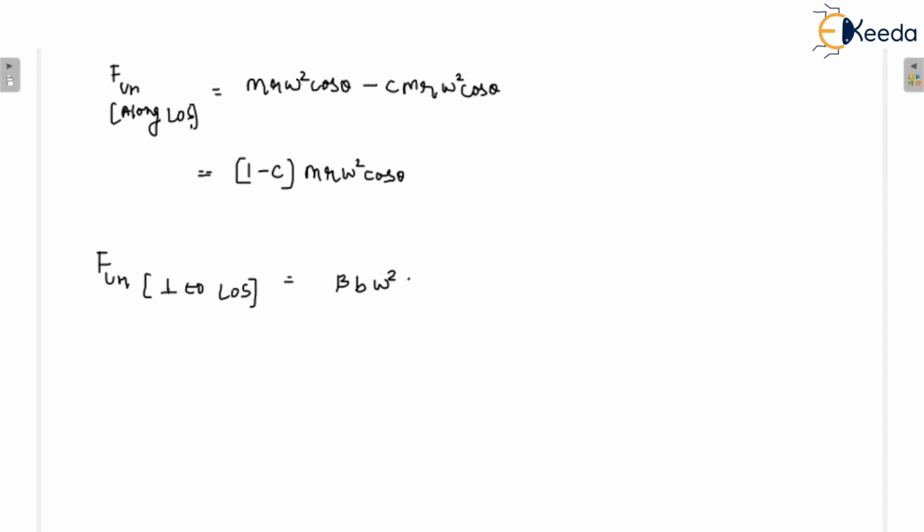In this case, we know that B b is not equal to M R. B b is equal to c M R, where c is the fraction of reciprocating mass to be balanced. So it is c M R omega square sine theta. That is the unbalanced force.